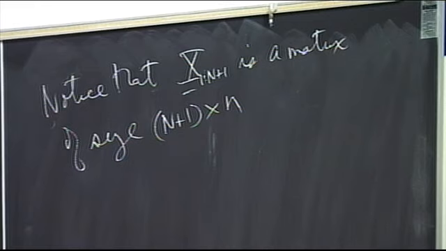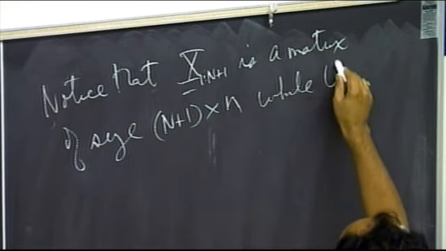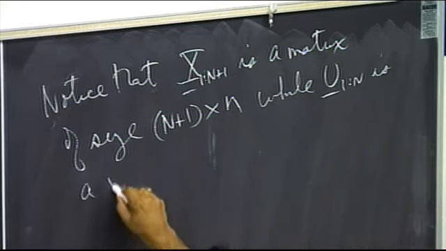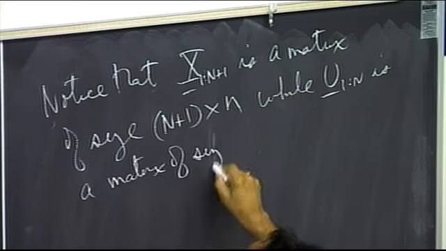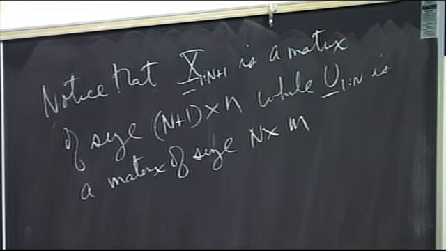That's what it is. And u, 1 to n, is a matrix of size n by m, because I have m values under control. So now the question is, how do I get that back to this NLP decision vector?